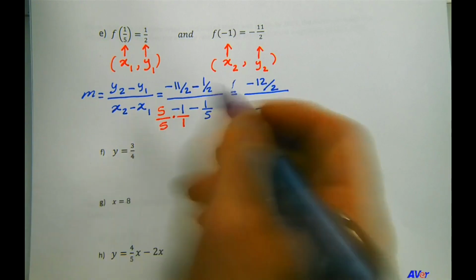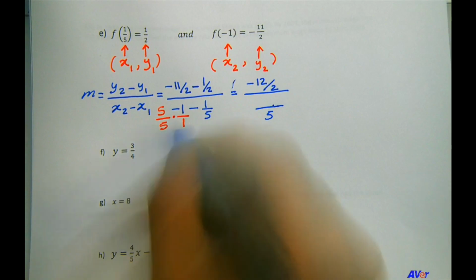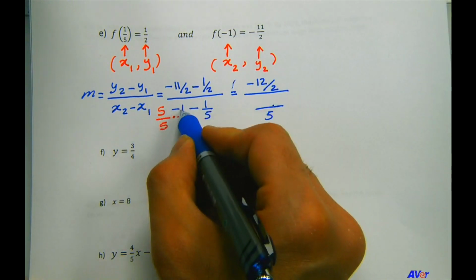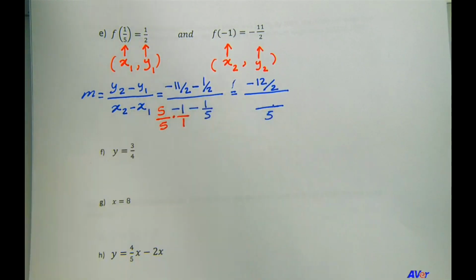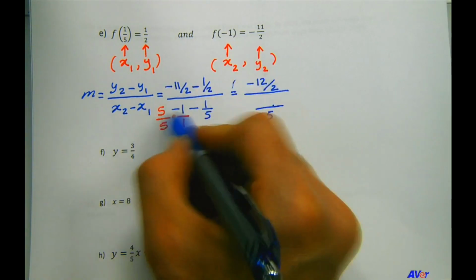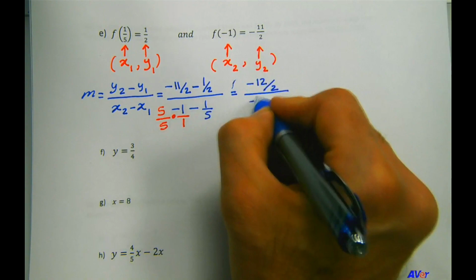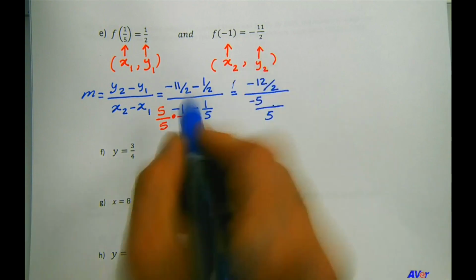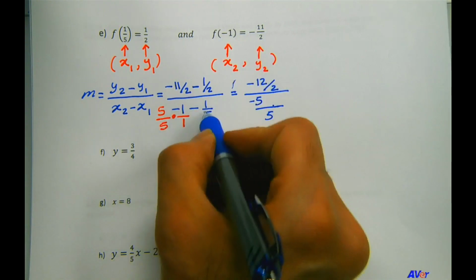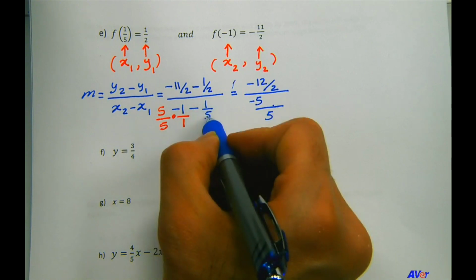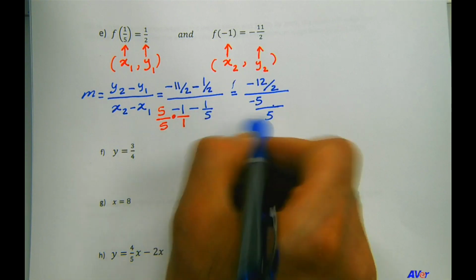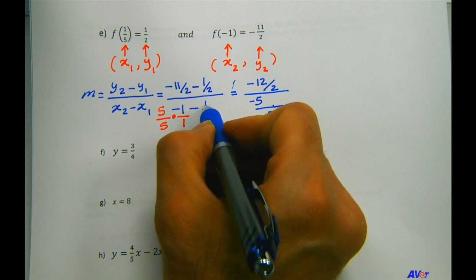Okay, so what do we get? We get 5 times negative 1, right? We're multiplying. So 5 times negative 1 is minus 5. This fraction stayed the same as it was. We didn't have to do anything to this, right? Because the denominator was already 5. So minus 1.